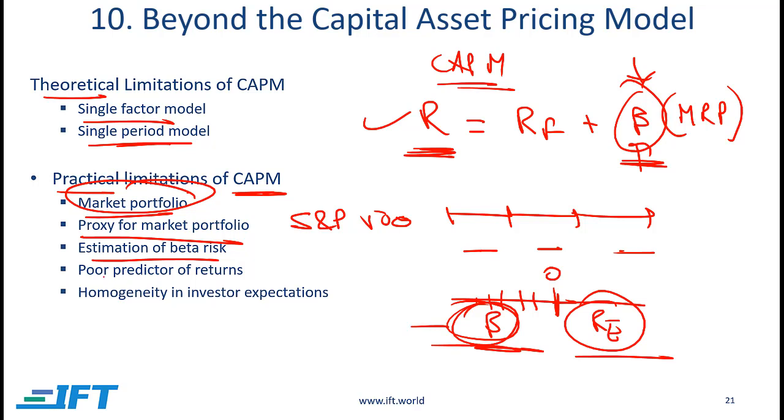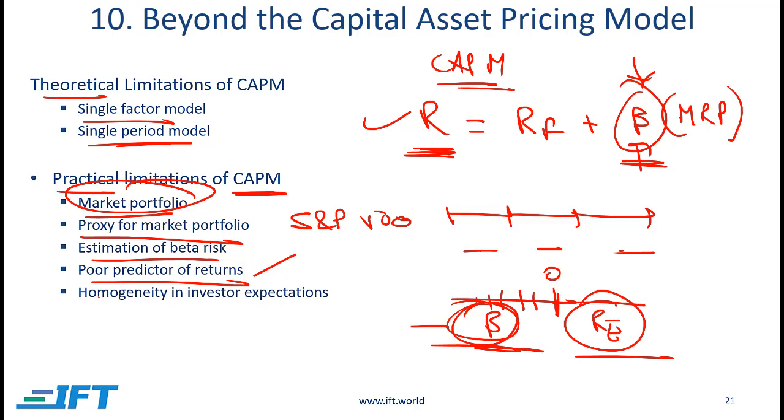The next point is that CAPM is a poor predictor of returns. If we go back in time and compare the result of CAPM with what the actual return was, there will be a substantial difference. So CAPM is not a great predictor of returns.